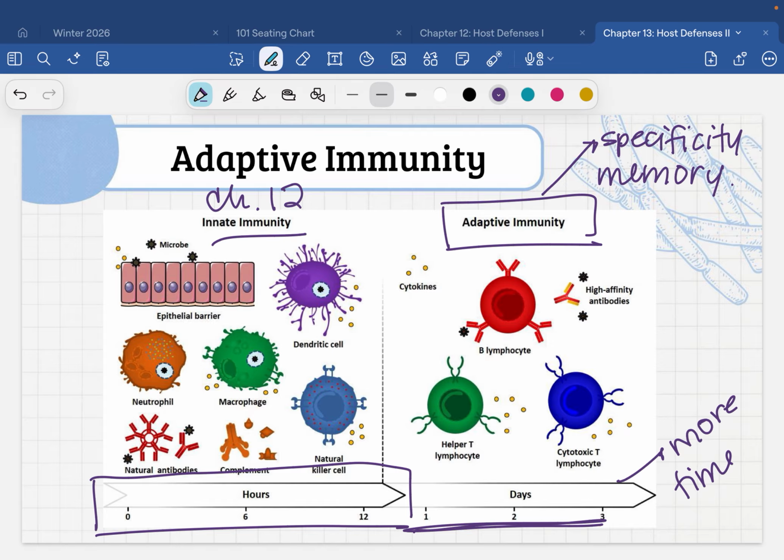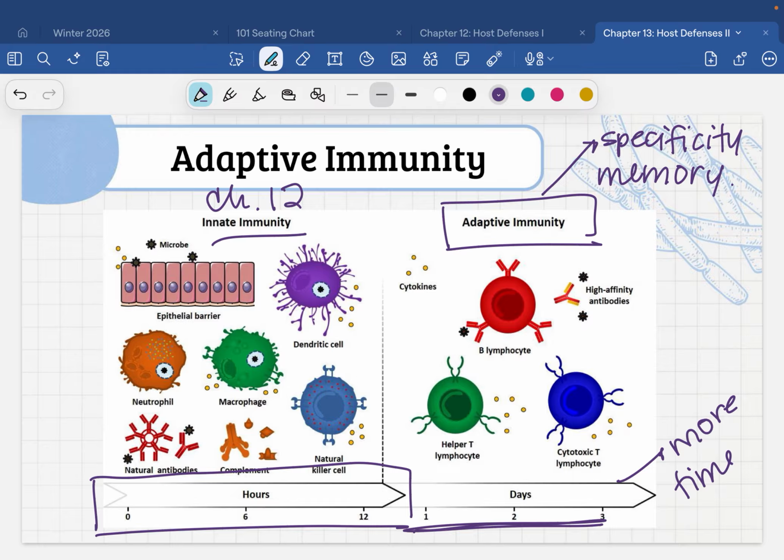So the innate immune system was a bunch of non-specific alarm systems, right? It's putting up a fence in your yard and an alarm on your door if it's opened. Those are non-specific protections. The adaptive immune system is specific. It attacks specific pathogens.